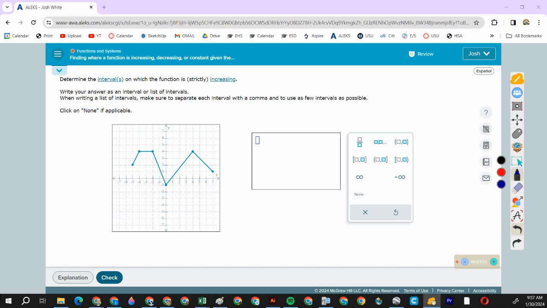So we want to determine the intervals on which the function is strictly increasing. So this piece and this piece would be increasing. And it wants to know, when is that happening? When in this story are we going up the hill? Well, that would be from -5 to -4.